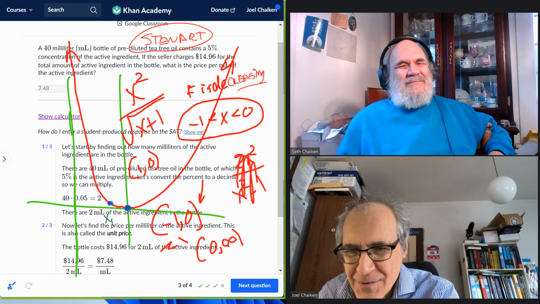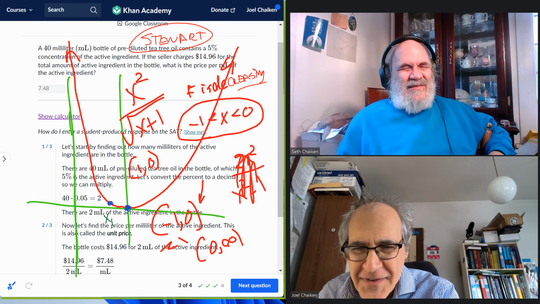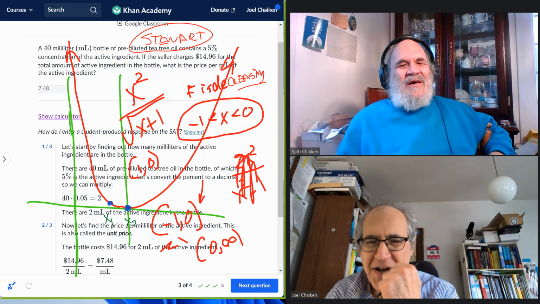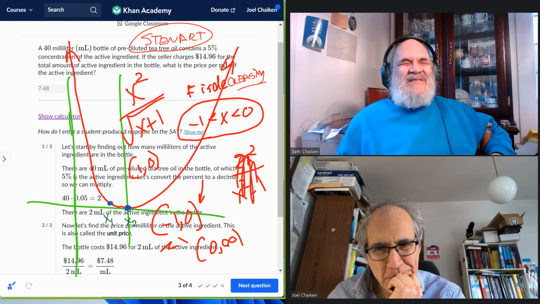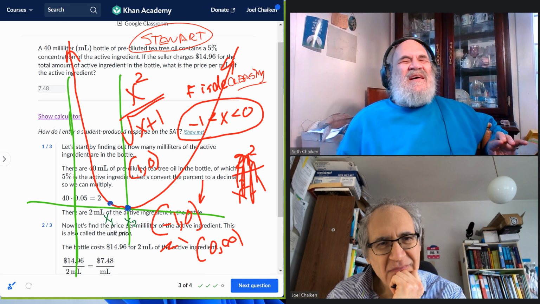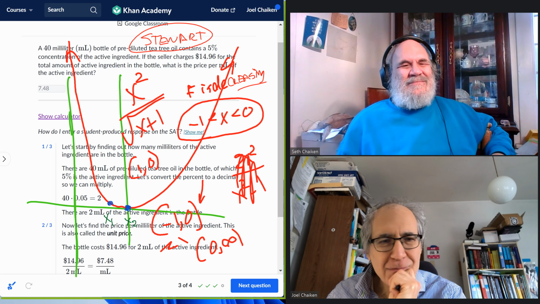So can I label it x1? Yes. And x2 is the x coordinate of the origin. Fine, x2, got it. So x1 is less than x2, correct? Yes, x1 is less than x2.